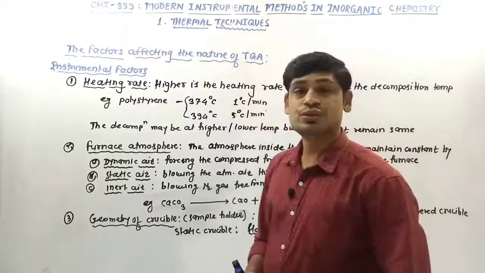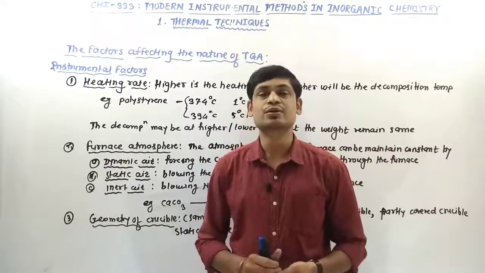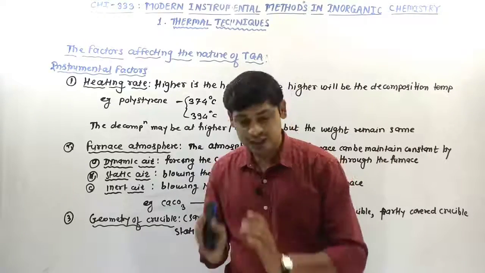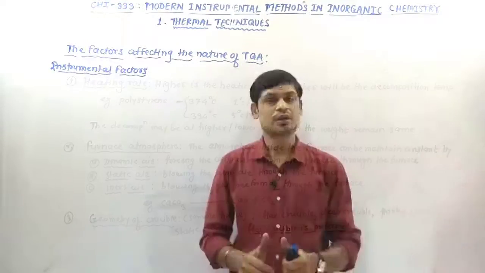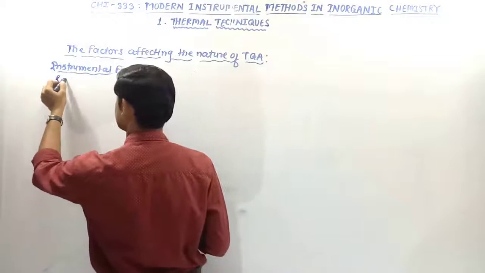Now we will move towards the sample factors, which will affect the thermogram or thermogravimetric analysis. If you wish to note it, you can take a screenshot. Now the sample factors.